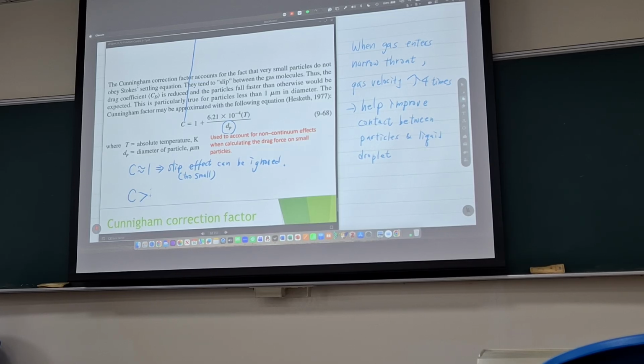If C is larger than 1, that means particles move fast, so you cannot ignore the slip effect. Understand? The slip effect comes in.